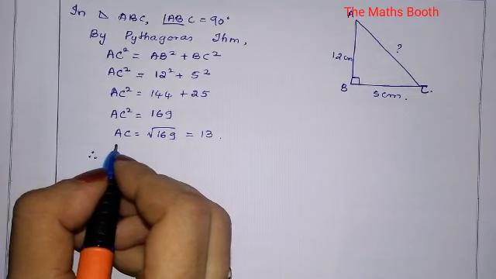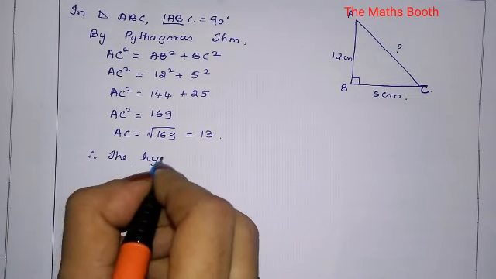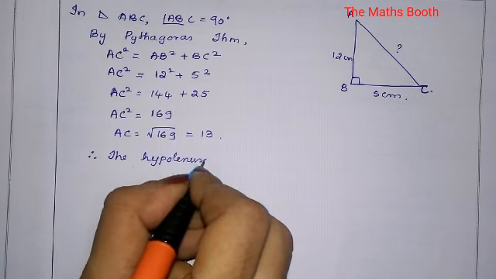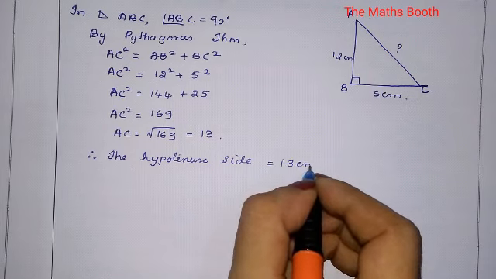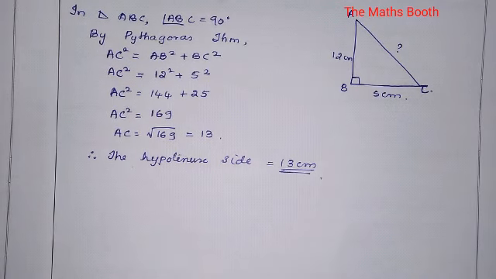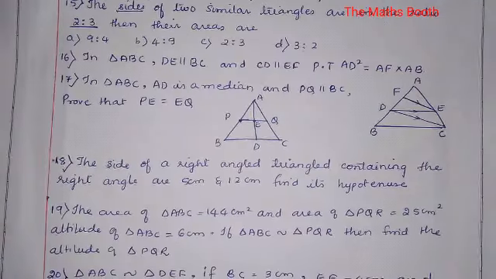Therefore, the hypotenuse side is equal to 13 centimeter. Okay, so we got the answer. Now let us see question number 19.